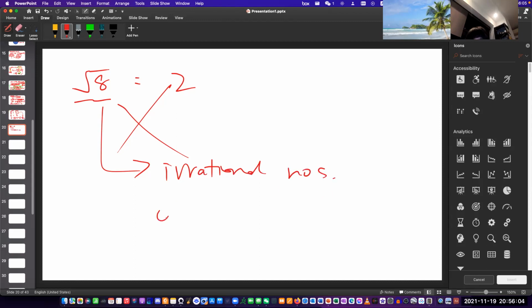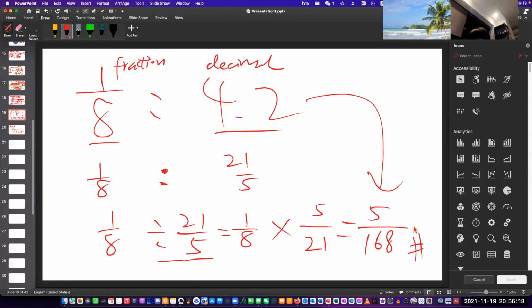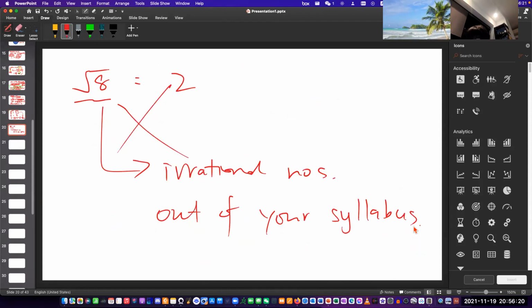So it's out of your syllabus. We only want to do ratio for rational numbers. We don't want to do ratio for irrational numbers at the moment. Are you clear? Okay, good.